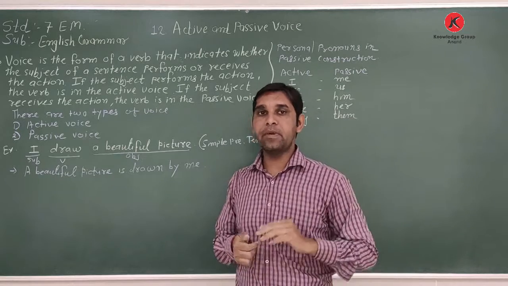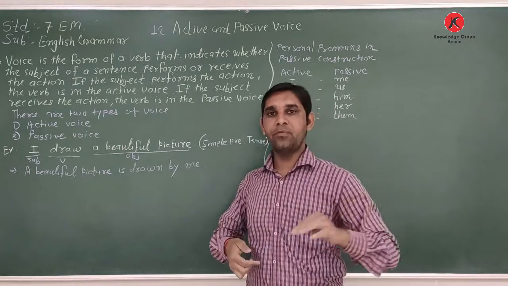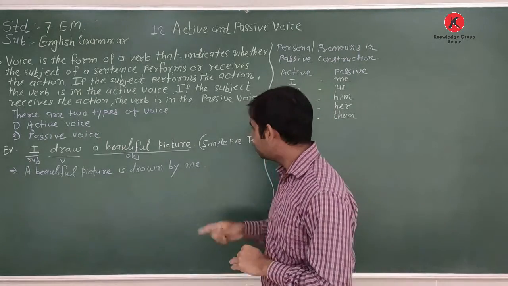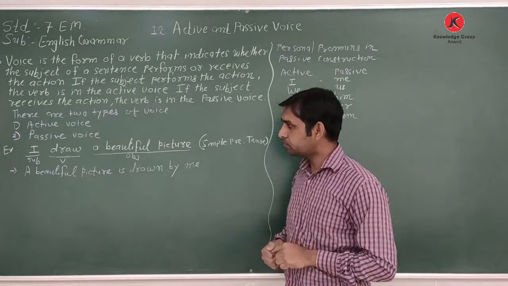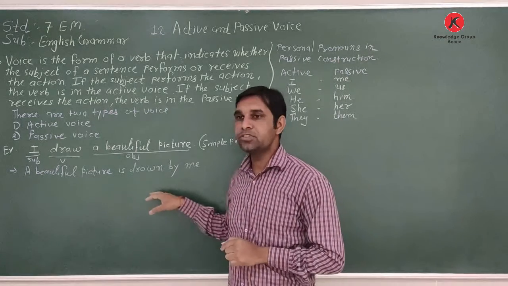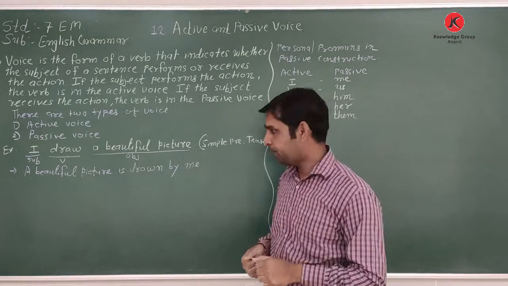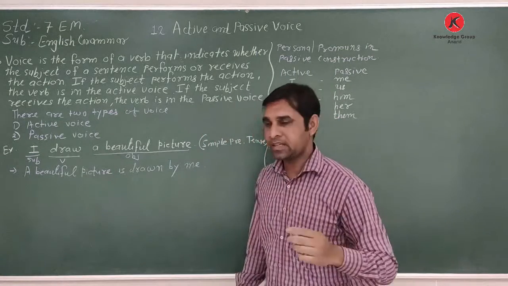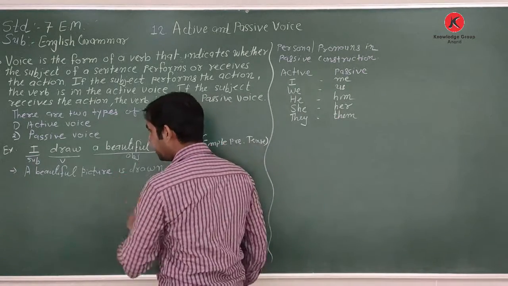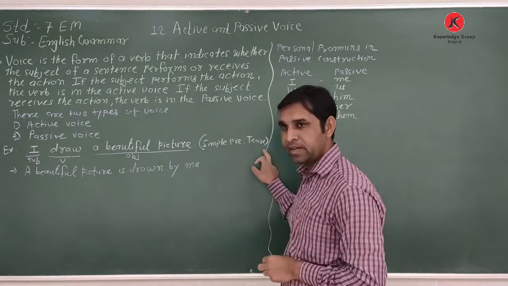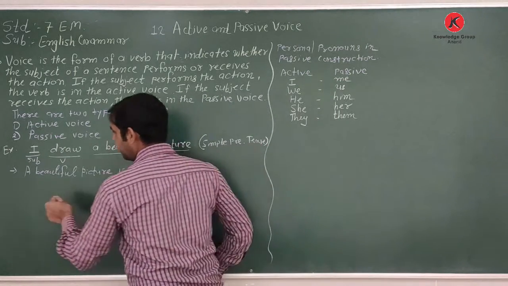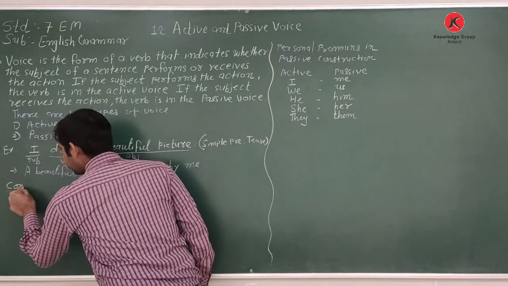There are 12 tenses, where we cannot change the remaining 4 tenses. This is the simple present tense. Then I write the construction of the tenses and give you the example also.